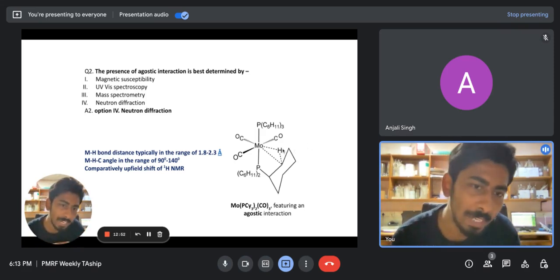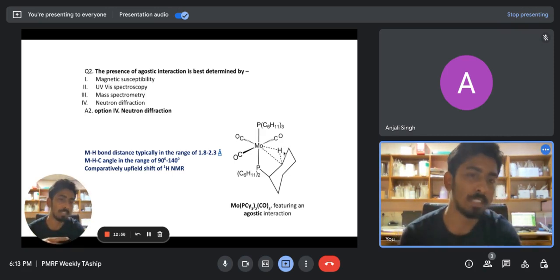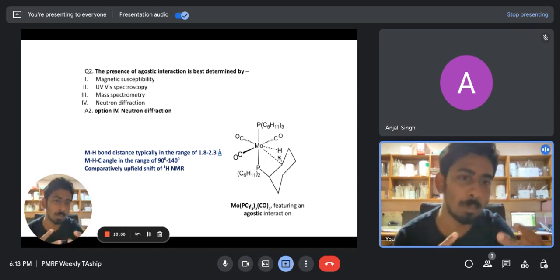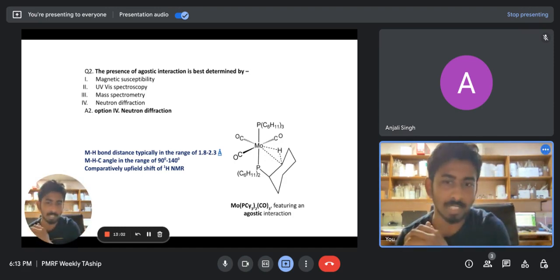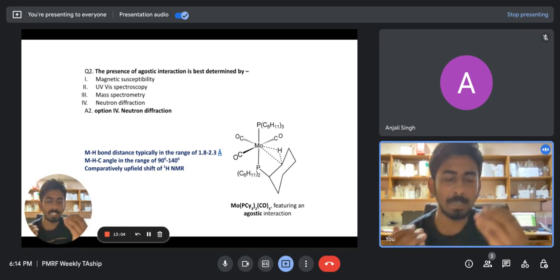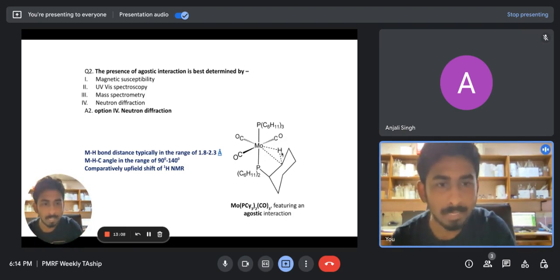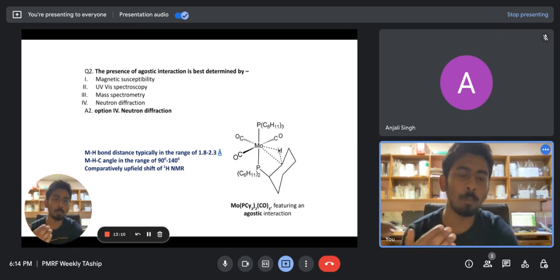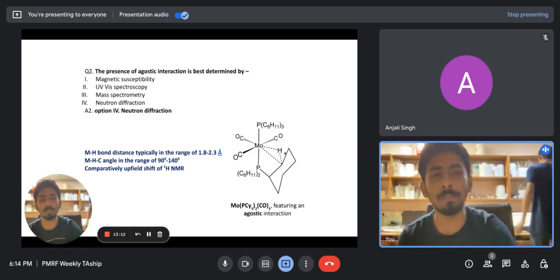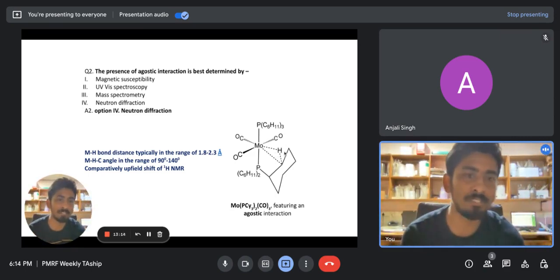You can see this hydrogen is interacting with the metal atom, so it gets some hydridic character, that is, a negative charge accumulation takes place on the hydrogen. That's why the NMR shift goes upfield. If this hydrogen typically comes in the range of 1.2 ppm, it will now come in the range of 0.5 or 0.3 or 0.4 ppm.